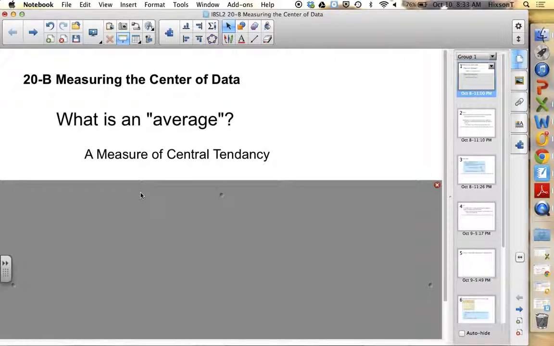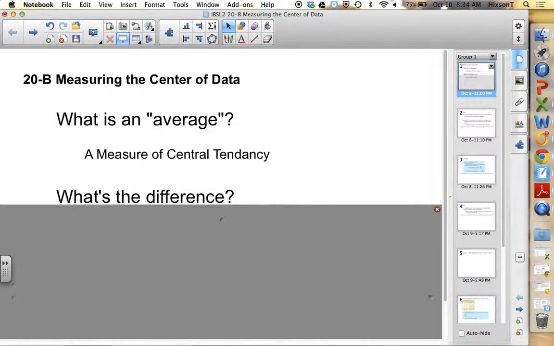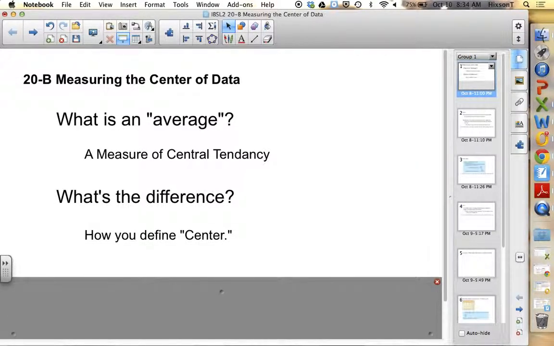Now, you might say, okay, well, what's the difference? Doesn't the arithmetic mean give us that? Well, it does, but the real difference is, how are we defining the center? Okay, how do we define center?